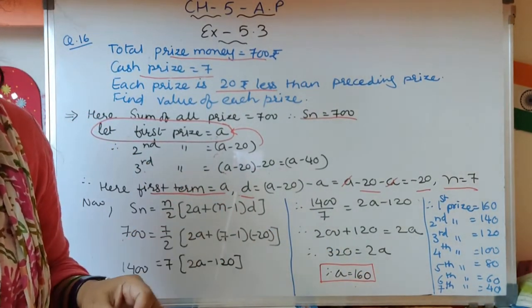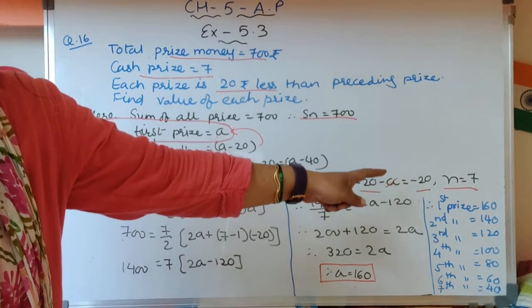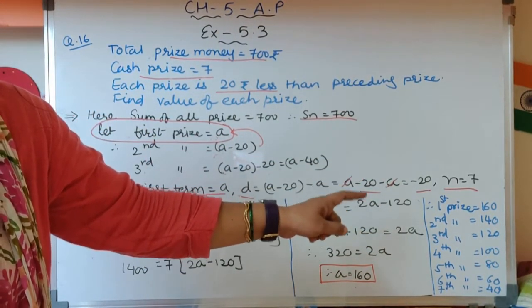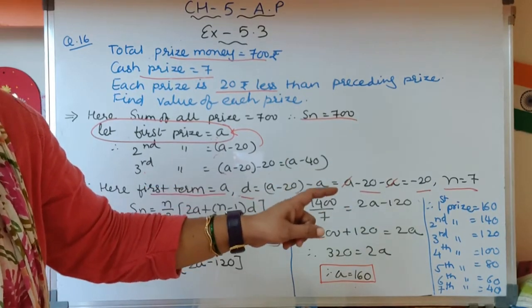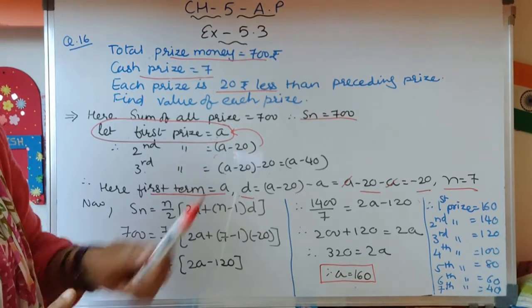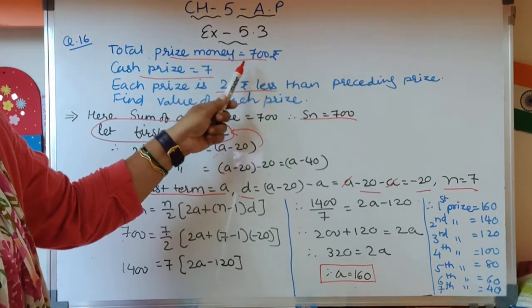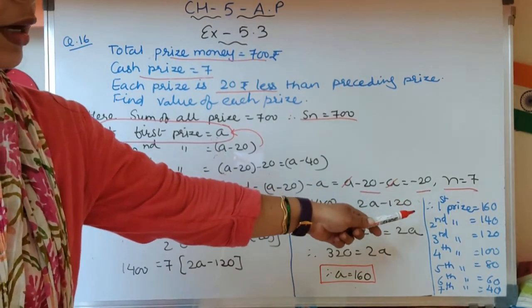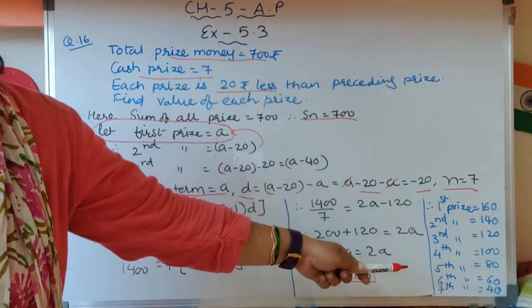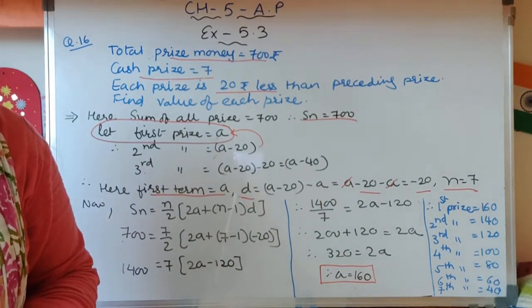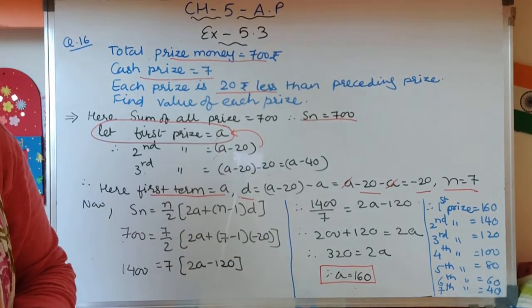Okay, if you want to verify your answer, do the total of all this prize money. You must get 700 rupees. Then only your answer is right, because here it is given that the total prize money is 700, and as we do the addition of all the prize money we get 700, so our answer is right. Okay, so let's move to the next sum.